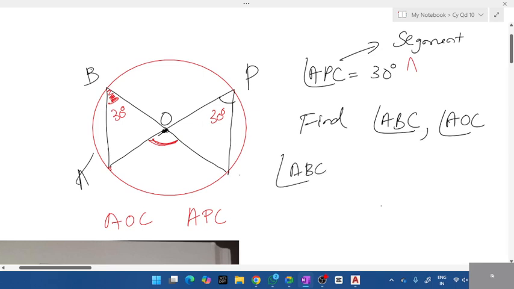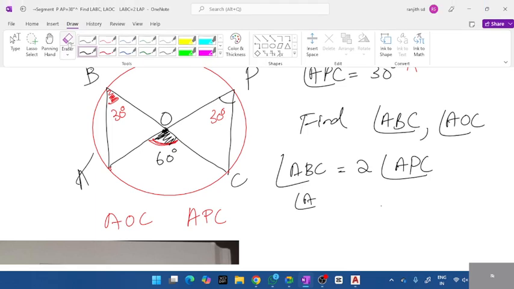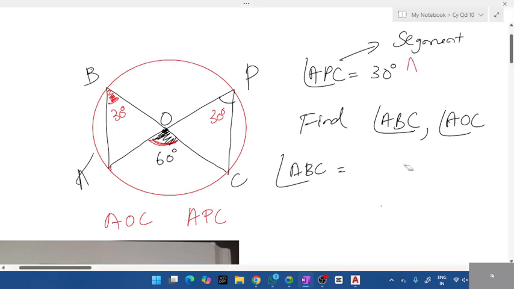Okay, if ABC is 30 degrees, what about AOC? What will be the value of AOC? 30 into 2, 60. So first thing, find the answers. Next, you write the statement. ABC is formed on the center, so ABC will be twice of which angle? APC. ABC is twice APC. No, wait, it is not twice.